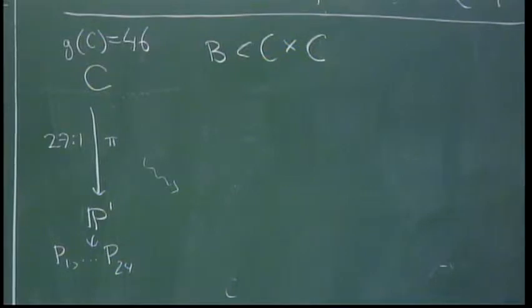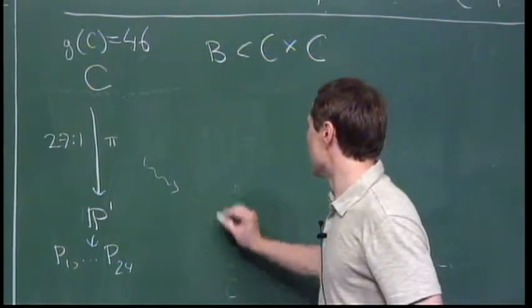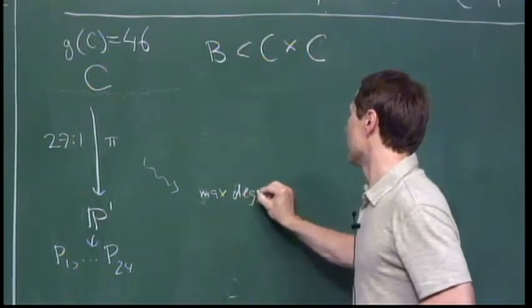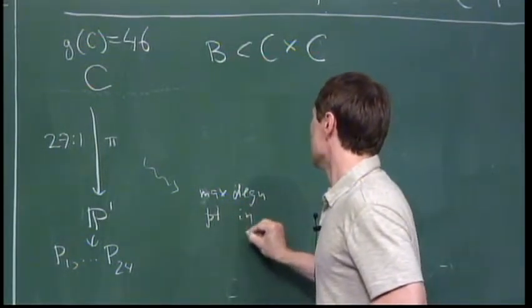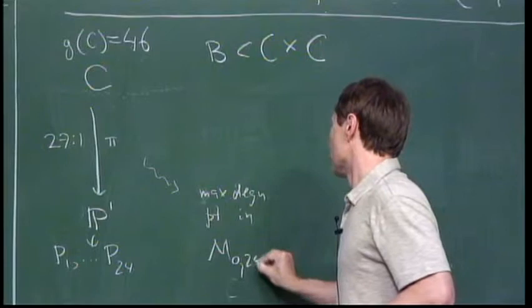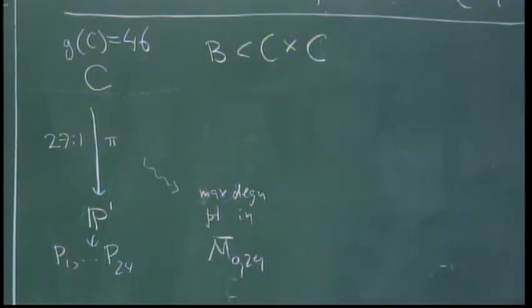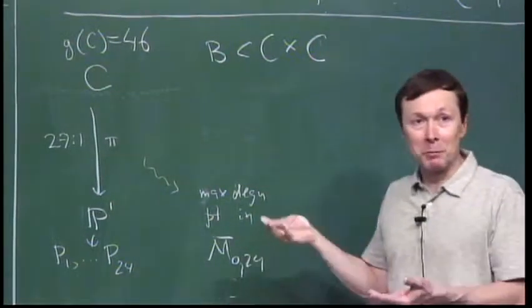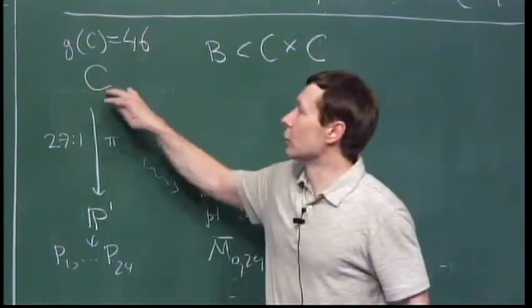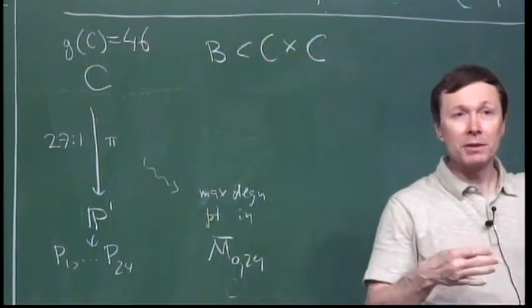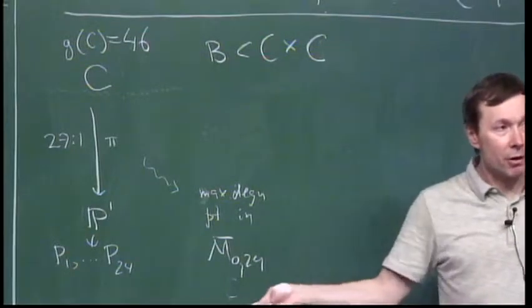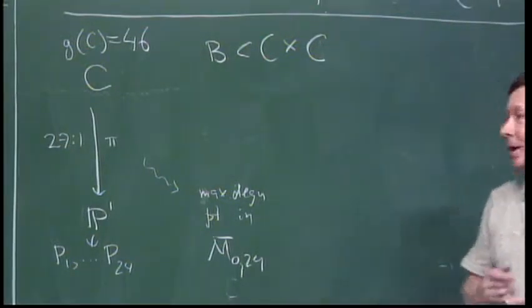I'm going to degenerate to a point of maximal degeneration in M_0,24 bar. And then this curve also will degenerate, but I can compute it. It will also be a union of P1s, so it will also correspond to some very large graph.